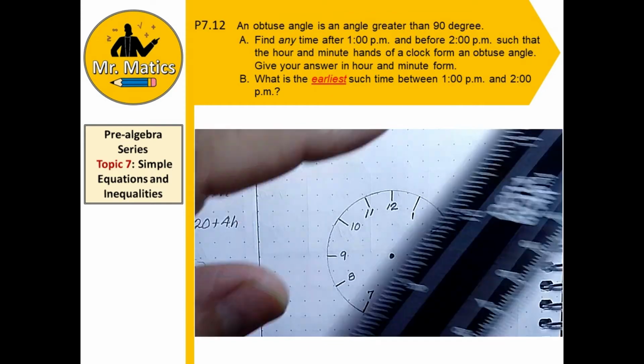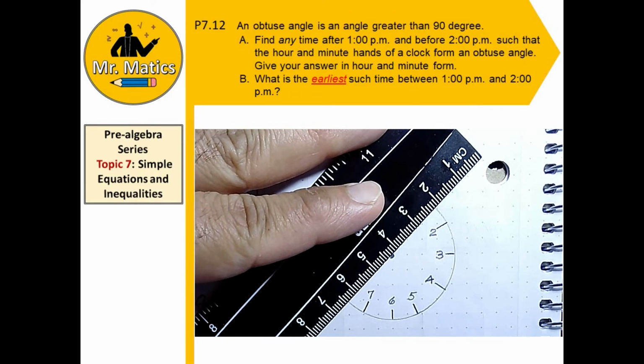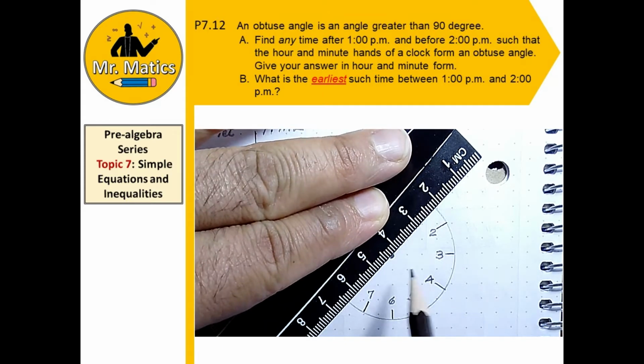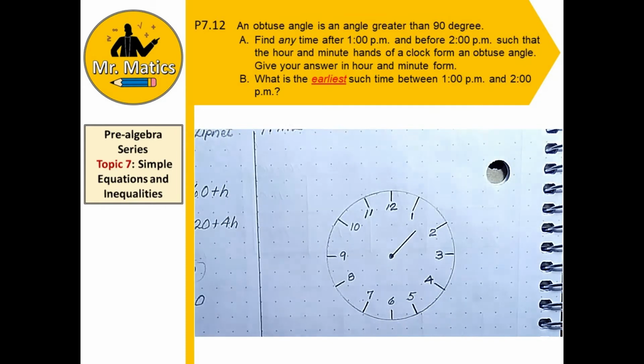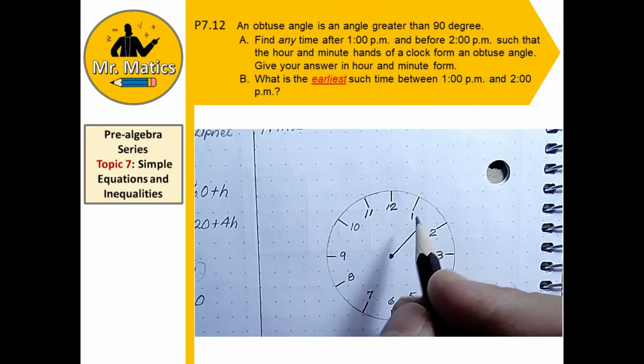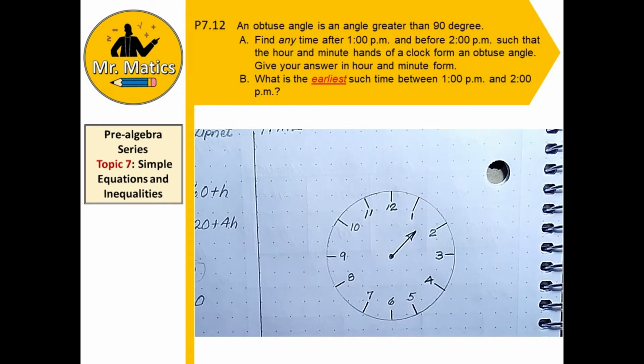So select any marking and put an hour hand there. Let's call this the hour hand, the shorter hand. And the minute hand will have to be at least 90 degrees more.